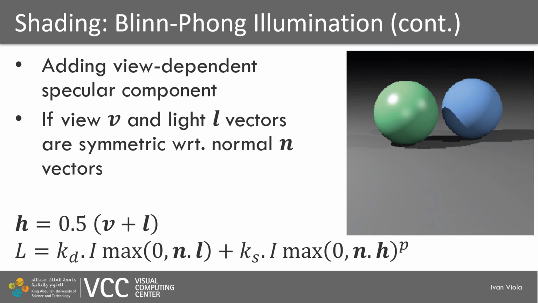So we see 3 light sources actually forming 3 different specular components, giving an impression that this sphere is of a shiny material, as opposed to the blue sphere, which is a more matte material, and for that one only the direction-dependent Lambertian component is used for the shading.